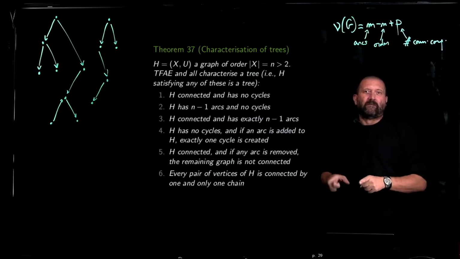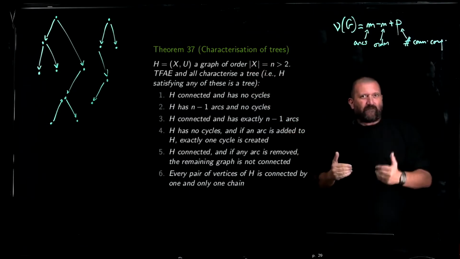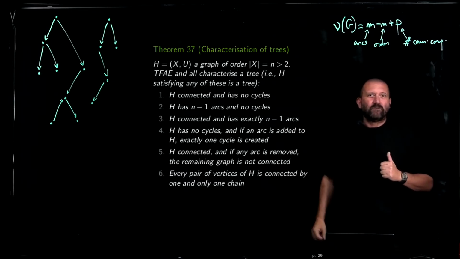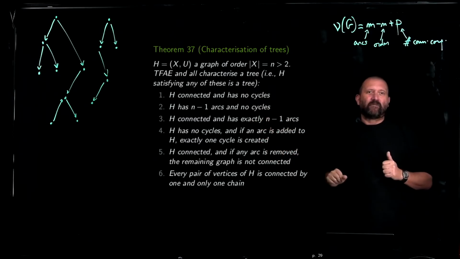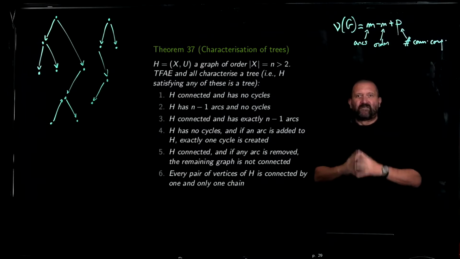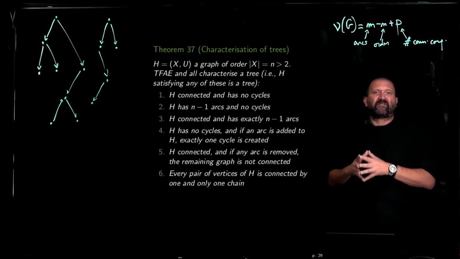And any one of those, each one, being true means that you have a tree. So if I have a graph H with vertex set X and arc set U that satisfies any of those, I have a tree. So the first property is that H is connected and has no cycles.